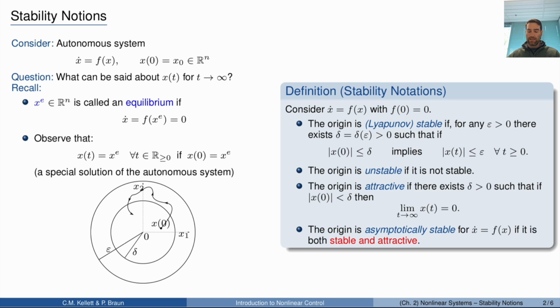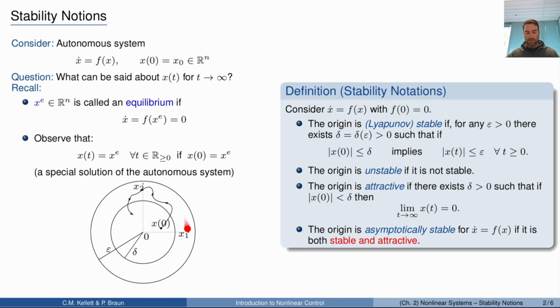Well, we say the equilibrium, the origin, is stable if for any epsilon bigger than 0, there exists a delta, which might depend on epsilon, that's bigger than 0, such that if our initial condition is less or equal, in norm, to delta, then our solution for all t in norm needs to be less or equal to epsilon.